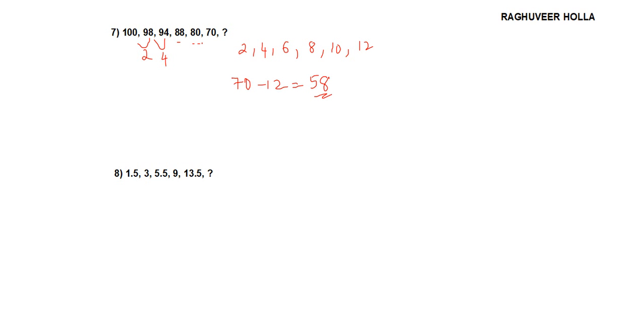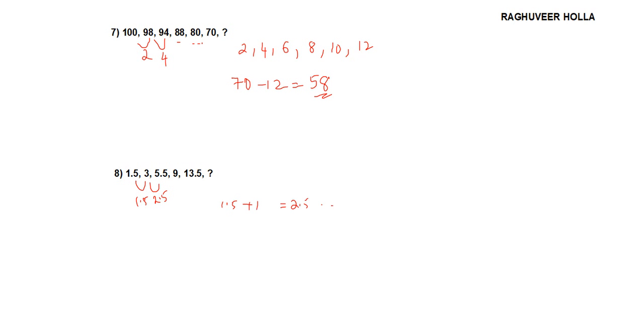Let us look at another problem here. What we have is 1.5. When you add 1.5 and 1.5, you get 3. Again, when you add this, the difference is 2.5. What you notice is 1.5, again 1 is added, so 2.5 and so on.